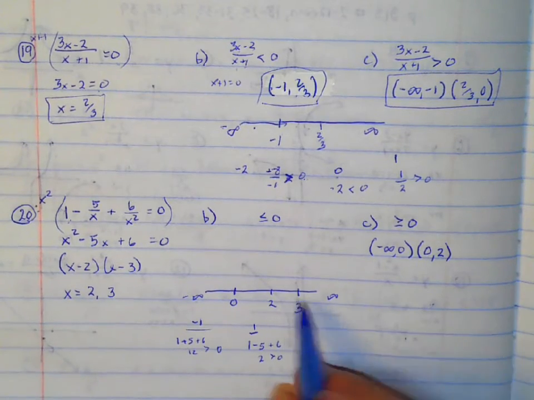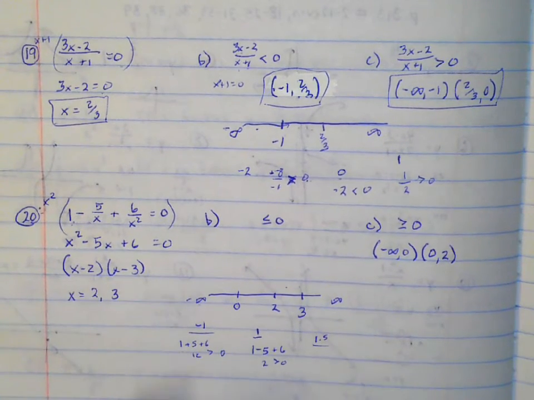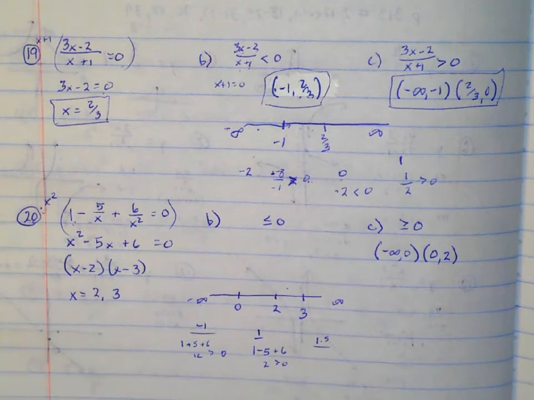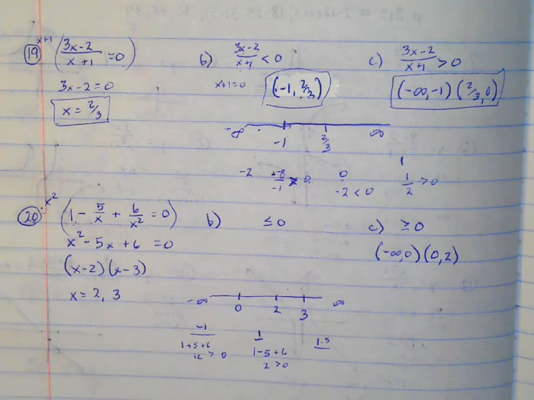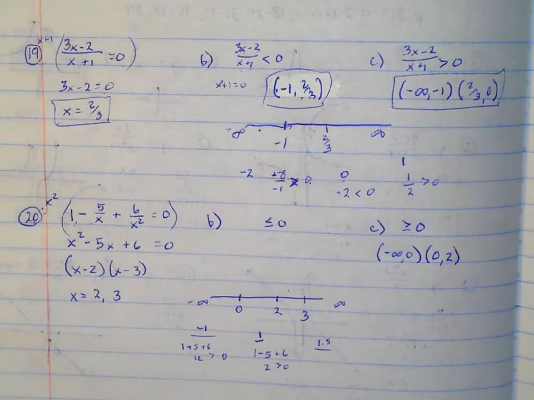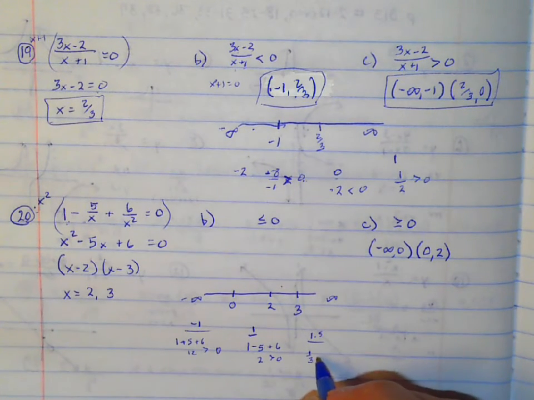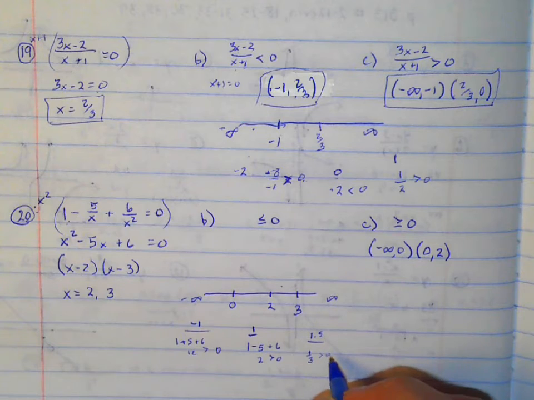From 2 to 3, let's take like 1.5 and plug it in. Okay, so 1 minus 5 divided by 1.5 plus 6 divided by 1.5 squared gives you 1/3. Okay, 1/3 is also greater than 0.